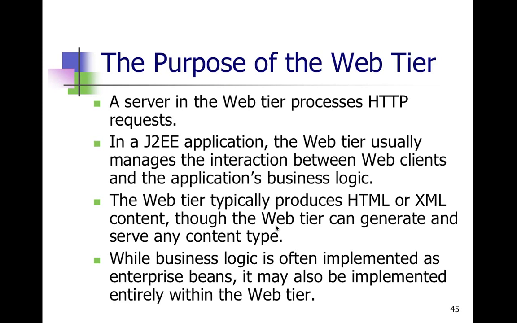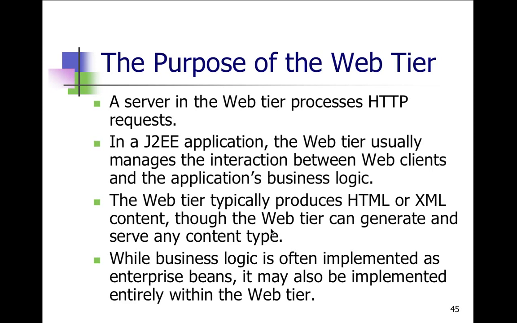So the purpose of the web tier is that a server in the web tier processes HTTP requests. If you have thousands and thousands of clients logging in, it makes sense to have a separate web tier. So in J2EE applications, the web tier usually manages the interaction between the web clients and the application's business logic, meaning it's the router, the tier that's routing the traffic to the applications.